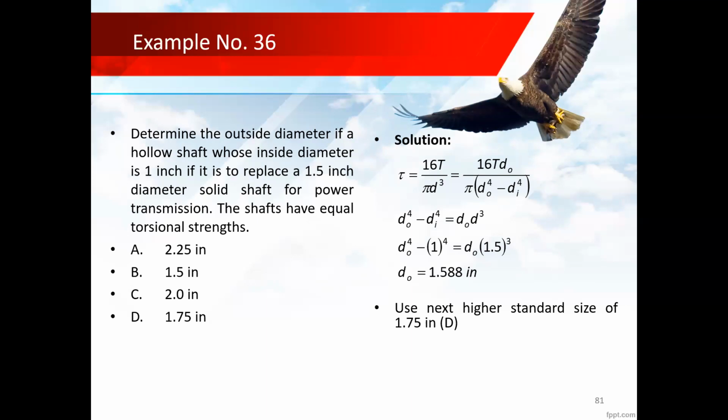Therefore, the torques are equal, so d sub O exponent 4 minus d sub I exponent 4 is equal to d sub O times d cube. Since d sub I is 1 inch and d is 1.5, d sub O exponent 4 minus 1 exponent 4 is d sub O times 1.5 cube. So d sub O is equal to 1.588 inch. So the correct answer is 1.75, using the next highest size. You cannot take 1.5 because it is too close, right? So letter D.